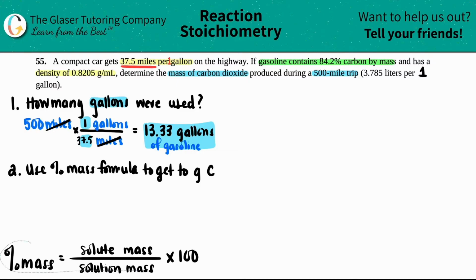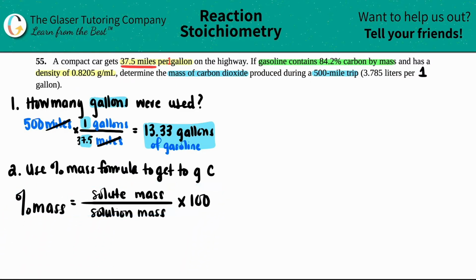So I'm going to pull this up and cater it to what I need, right? The whole solution is gasoline. Remember, percent is just part divided by whole. If we're doing percent by mass, it's solute over solution, but just think of it as part over whole. So the whole would be the gasoline. And the part, they're telling us, is 84.2% carbon. So carbon is going up on the top. The mass is going to be in grams.